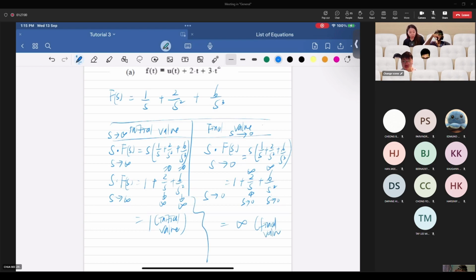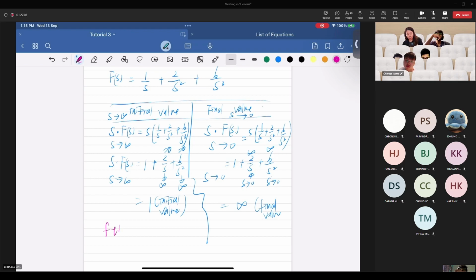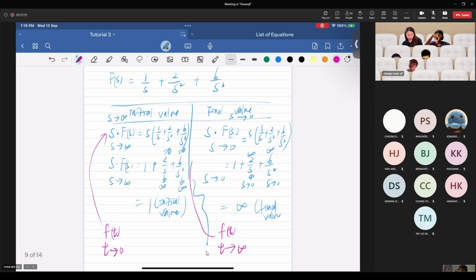If you pair with the t, it will be f(t). Initial value is t goes to 0, and final value is f(t) with t going to infinity. But now you can actually solve using this formula. This method requires the initial value theorem, and this method requires the final value theorem.